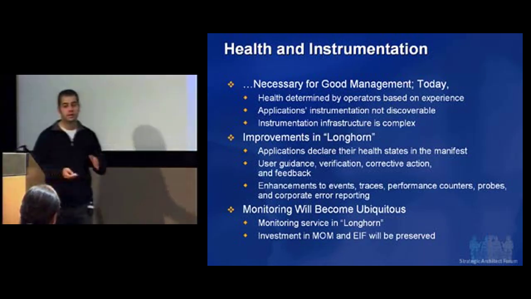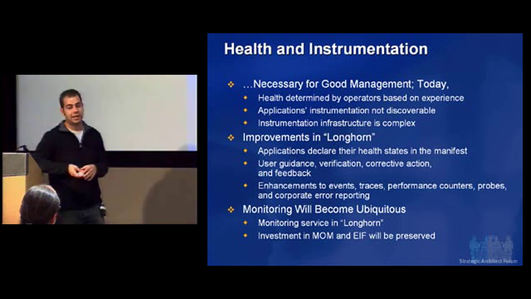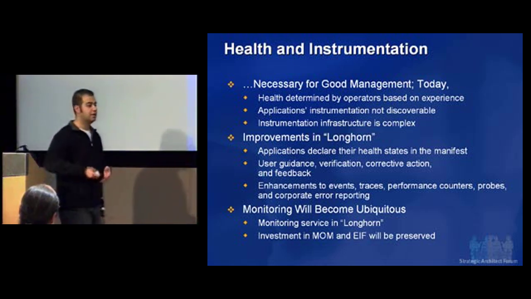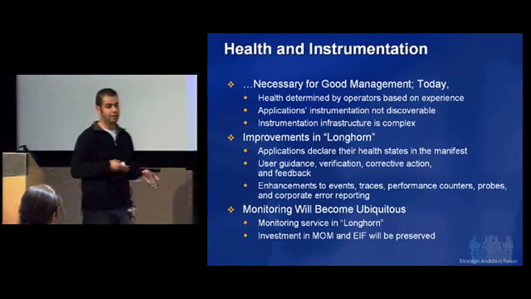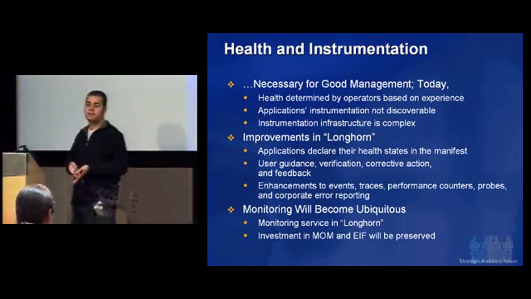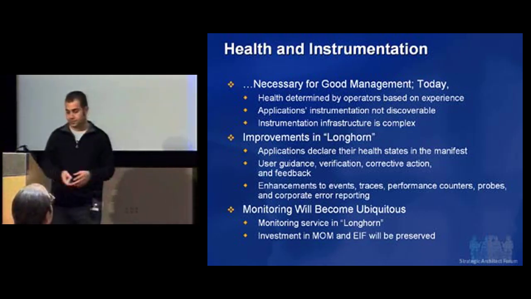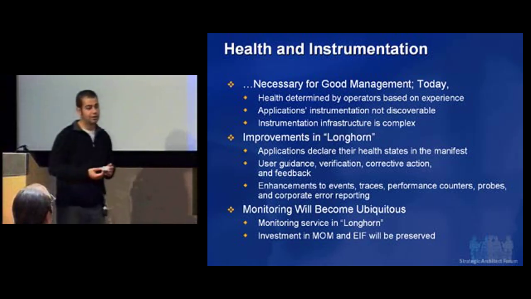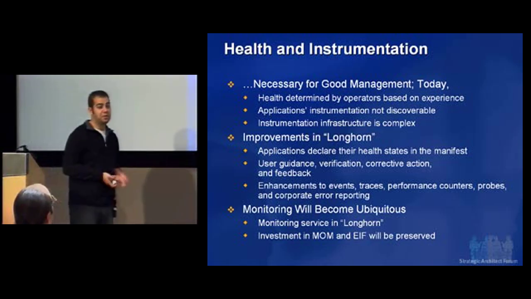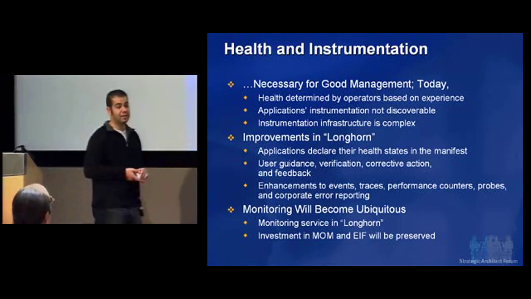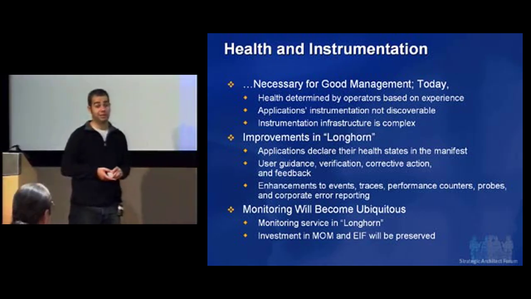The other part to writing a good manageable application is exposing good instrumentation and defining what it means for the app to be healthy or unhealthy, or the different states of being healthy and unhealthy. Today, for the most part, health is determined by the operators based on their experience. I know that I've seen a certain event in the event log, and I know it's bad.